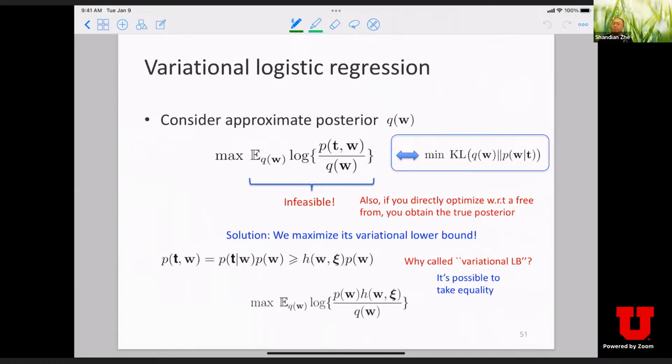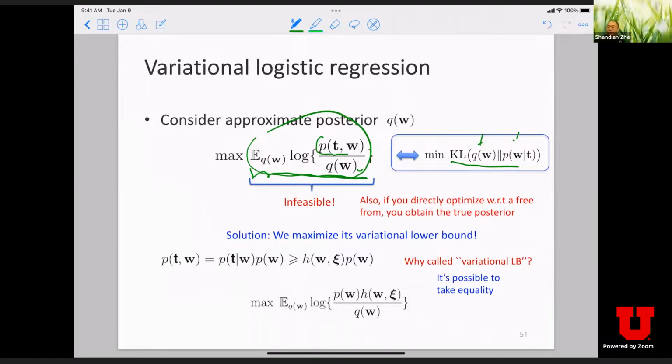So now let's go back to our global variational inference. The global variational inference is that I'm going to maximize this evidence lower bound, which is the expectation of log of the fraction between the joint distribution and the approximate posterior distribution, which is equivalent to minimizing the KL divergence between the approximation and the exact posterior. The problem is that maximizing this is computationally infeasible or too difficult.